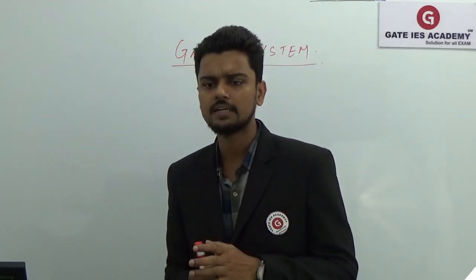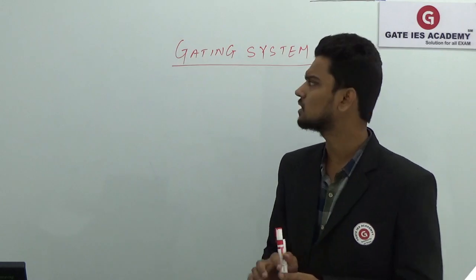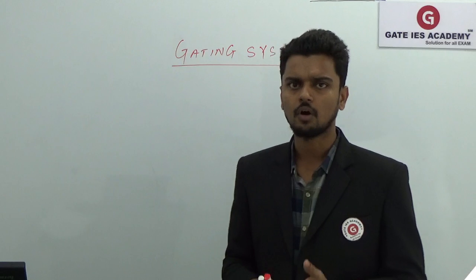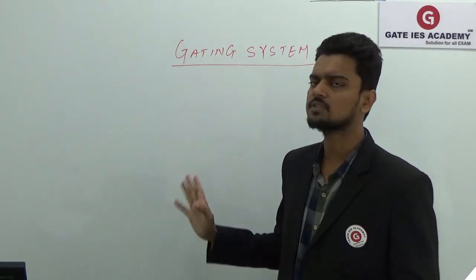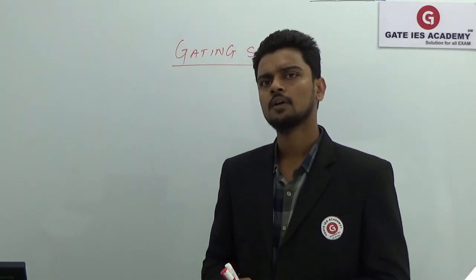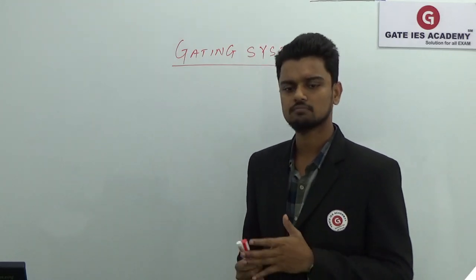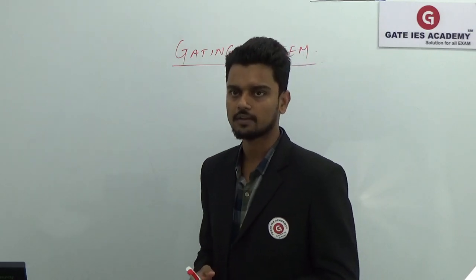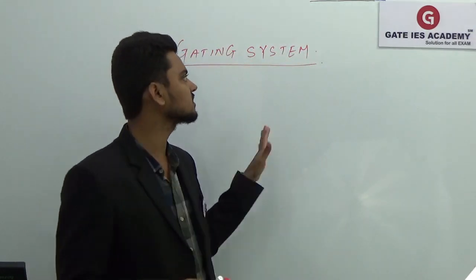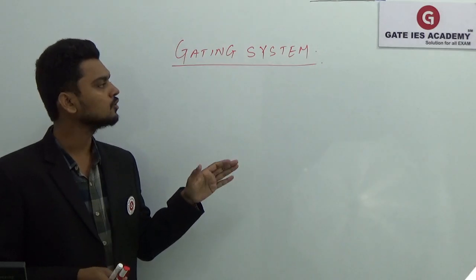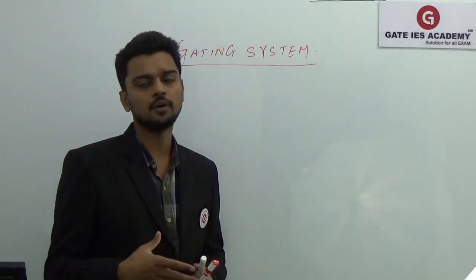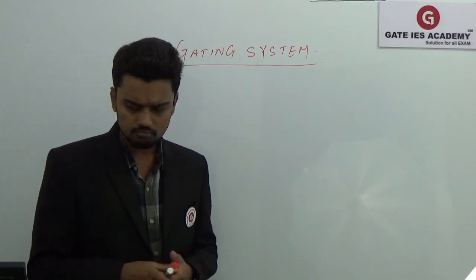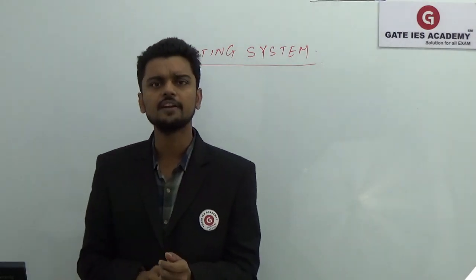So to avoid the different defects that we can have without the gating system, we'll use the passage. Obviously there are a number of elements of this gating system, we'll discuss them, so that we will get the casting which will be free from defects. So to avoid the defect we use this gating system through which the molten metal is poured into your casting cavity.